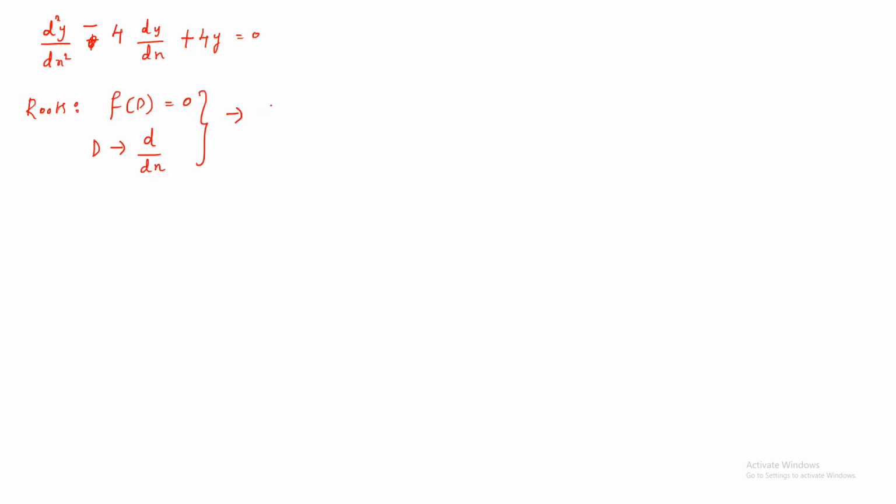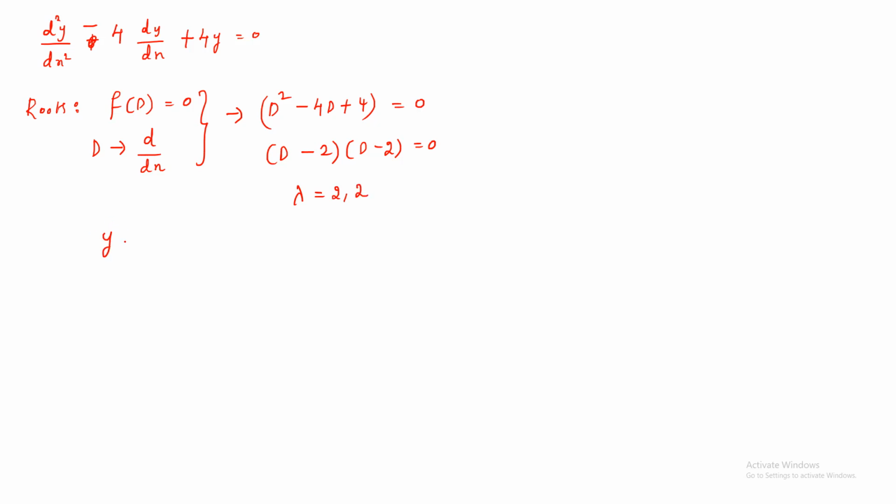Then we'll get D square minus 4D plus 4 equal to 0, so we'll get (D minus 2)(D minus 2). Our lambda is 2, 2.